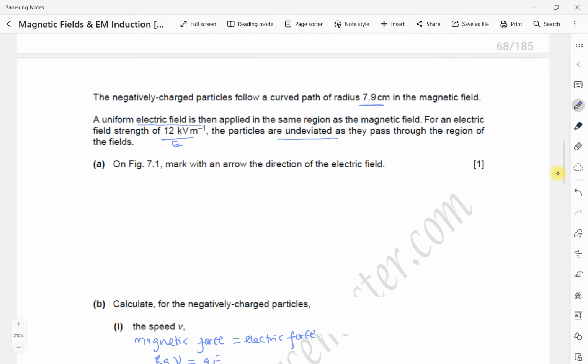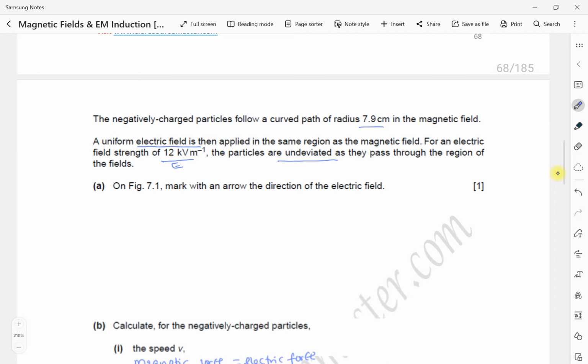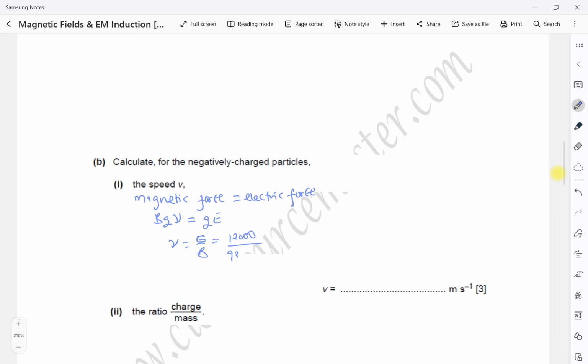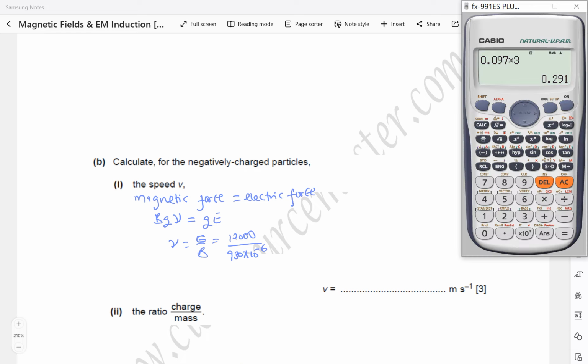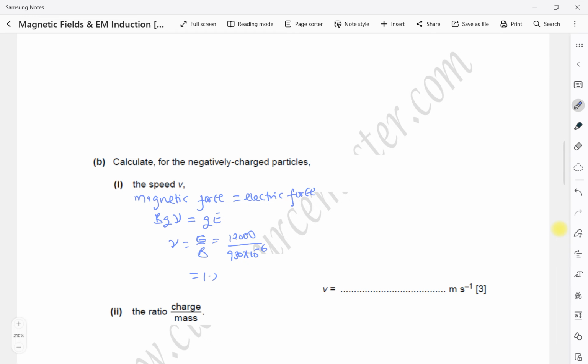And B was 930 microteslas, so that is 930 times 10 to the power of minus 6. So we have 12,000 divided by 930 exponent minus 6. That is 1.29 times 10 to the power of 7 meters per second, or you can write 1.3 times 10 to the power of 7.